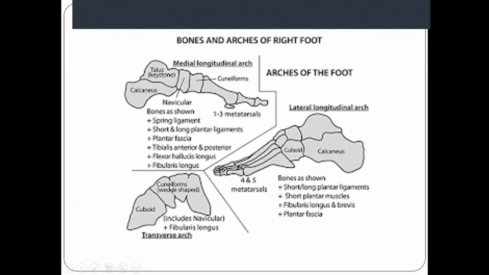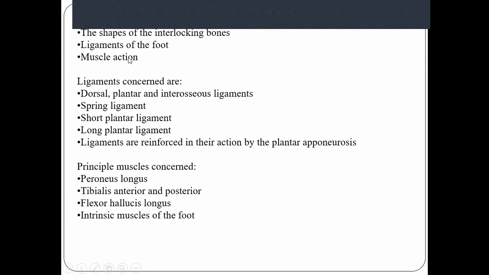Therefore, the shape of the bones prevents them from slipping inferiorly and holds the arch together. And the ligaments of the foot, which hold the bones together, and the muscle action.